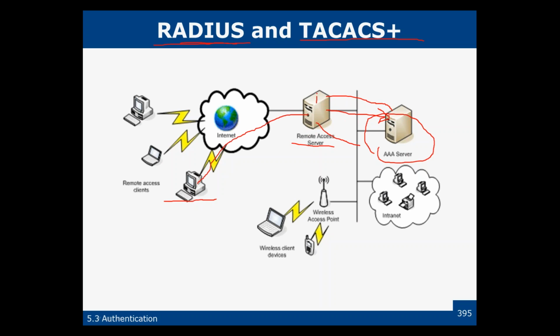The remote access server sends a request to the Radius server, saying, hey, can you authenticate these guys? And if that's the case, it goes back and says okay, and then we get in. But the client is the service that we're trying to get access to. Typically we're going to say that we're the client, but in this case we're not the client.